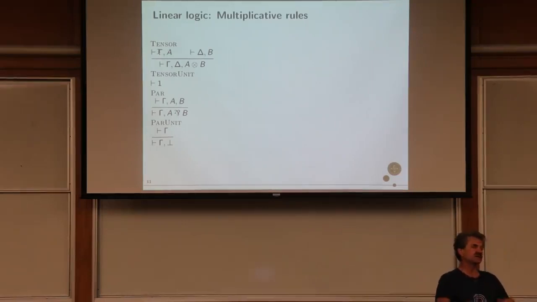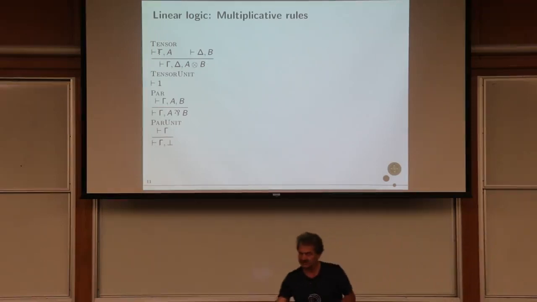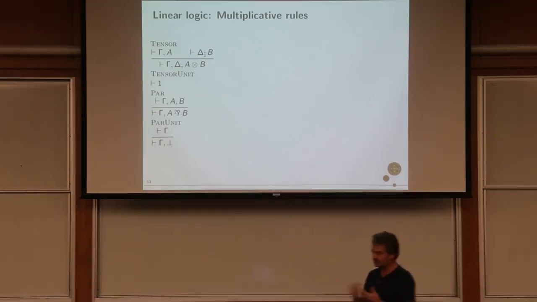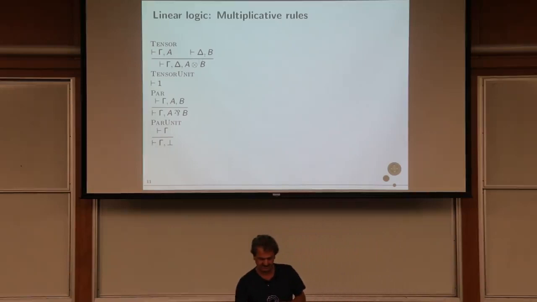Given what gamma has to offer, I have produced an A, and given what delta has to offer, I've produced a B. Then if I have both gamma and delta, I can produce both A and B. And both A and B, that's the tensor here, the tensor product, tensor unit.